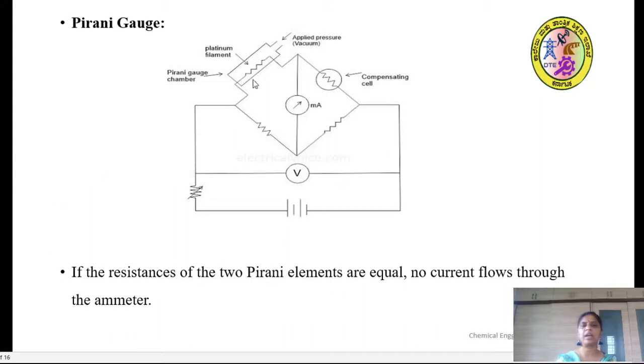So once again I'll just explain the construction part. This is a filament, the platinum element. This is the applied pressure, the pressure which you want to measure. This can be called a Pirani gauge chamber. The basic principle is that when the resistances of the two Pirani elements are equal, no current flows. The pressure is applied and the voltage is also supplied simultaneously, so that the material gets heated up and electricity flows.